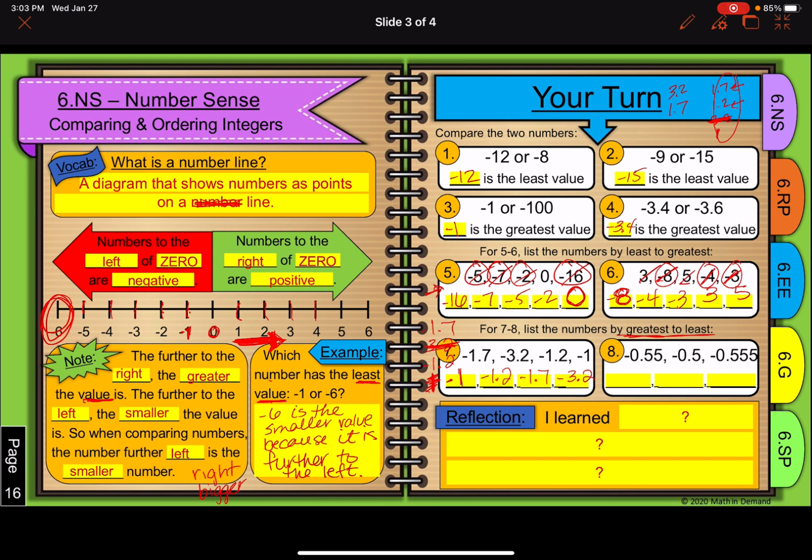And then 2, because again, this is 0. So 1 and 2/10, and then 1. But since these are all negative numbers, I would have to reverse the order. So your greatest value is going to be the one that would be closest to 0, or your smallest value if it were positive. So let's try doing it that way.